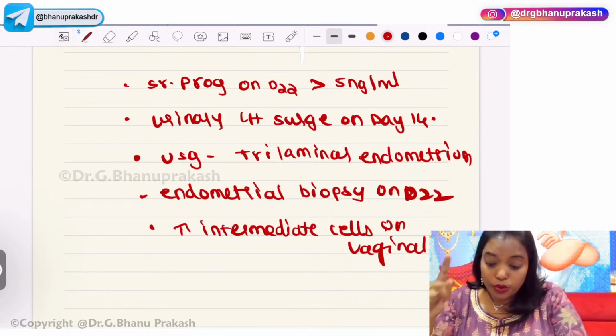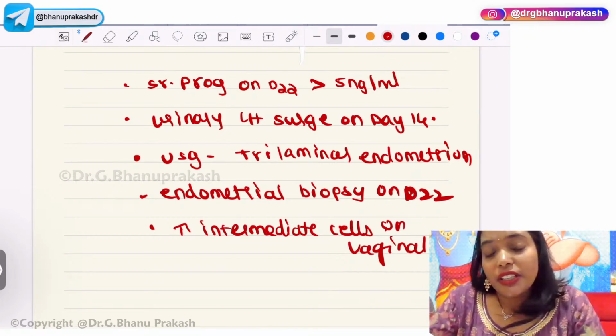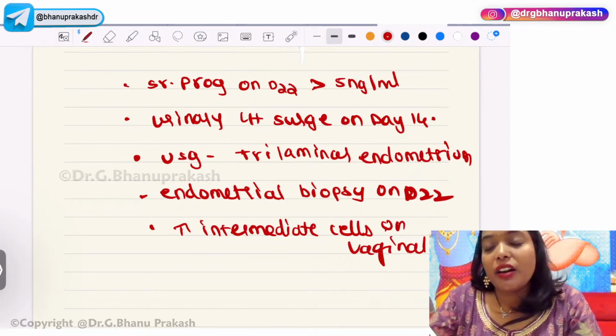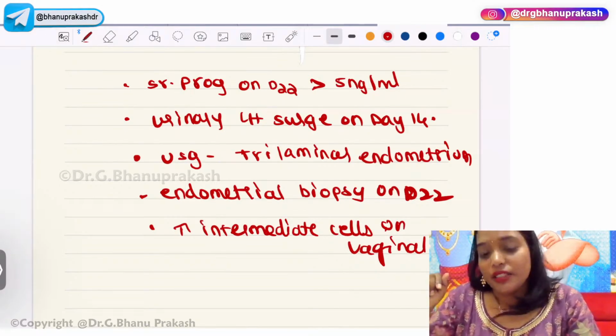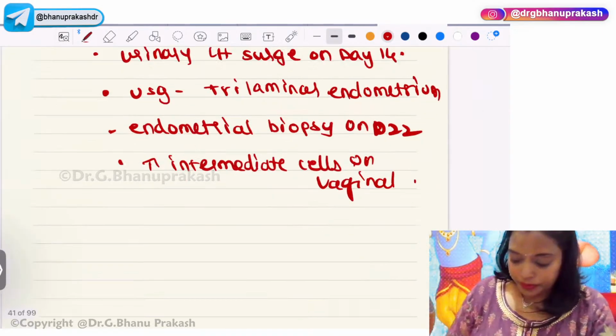No, you have to choose serum progesterone. Serum progesterone can tell you whether they are ovulatory or not, better than LH surge. So you have to go with the serum progesterone.